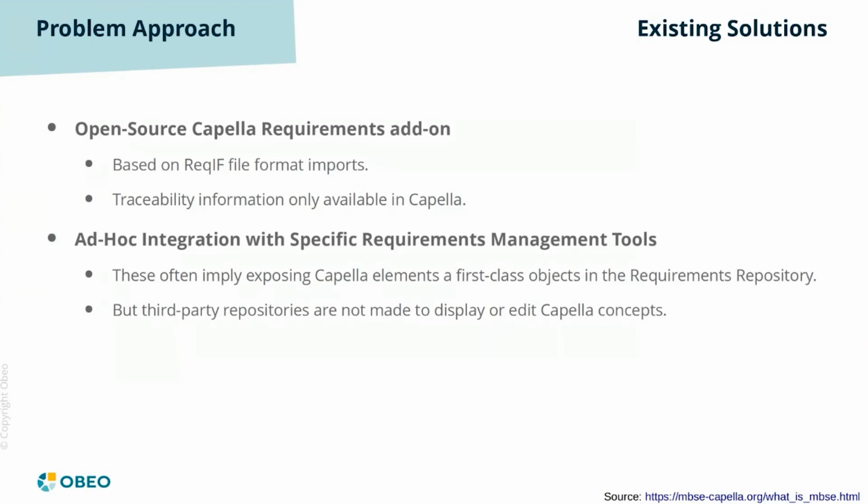Beyond this existing solution now out of the box in the open source community, the only other solution currently is to develop ad hoc integrations. We've seen a number of customers do that, not with Jama Connect, but with other repositories. In general, it consists in duplicating Capella objects into whatever repository they want to integrate with.